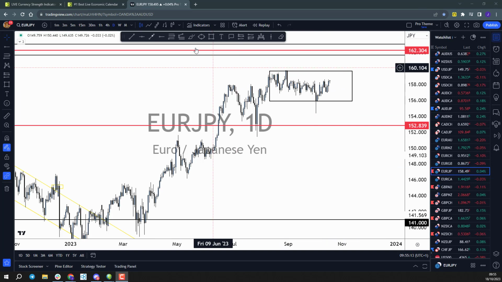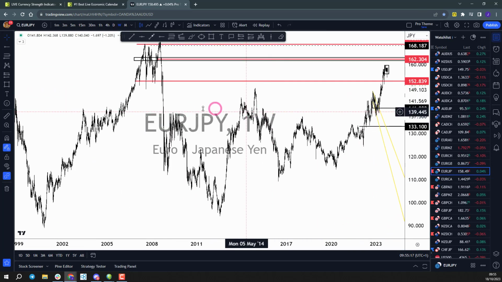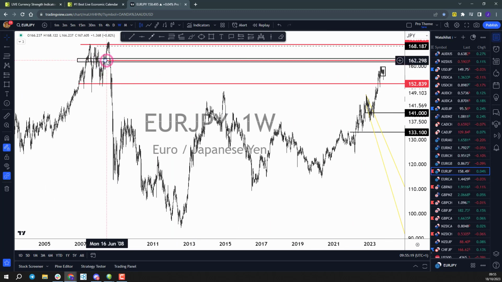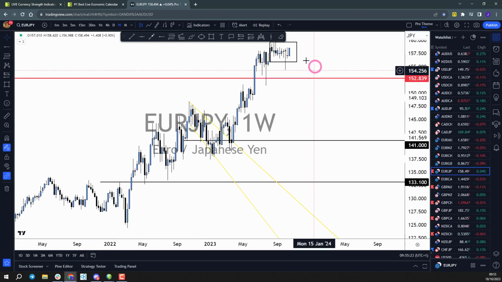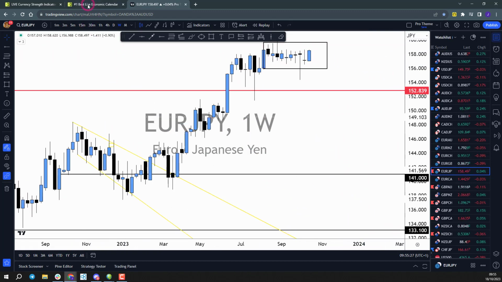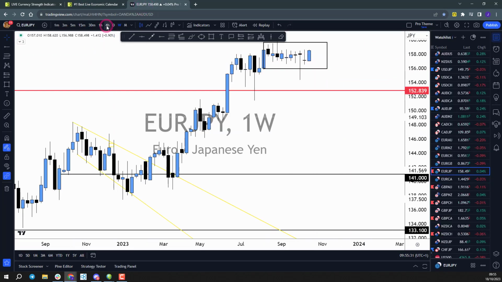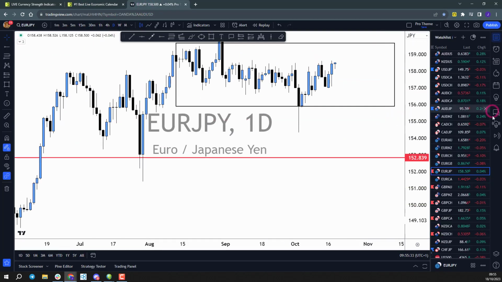So although we've got an opportunity to see it break up towards 162.30, which is this kind of level just through here back in 08, it's just kind of chopped sideways. So maybe the data in a few minutes, when it's meant to come out in 5 minutes, will change that perspective. But I just don't see that happening right now.